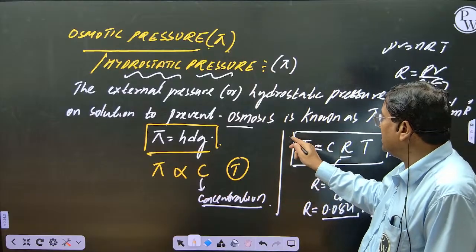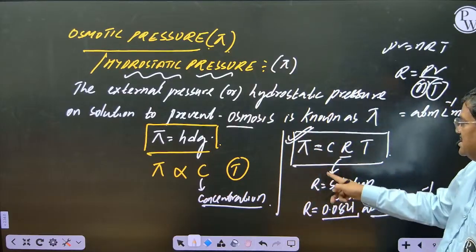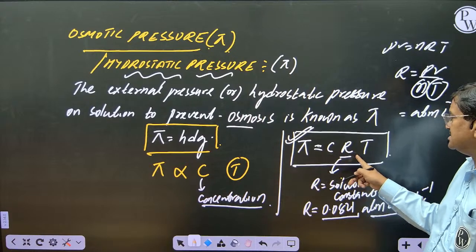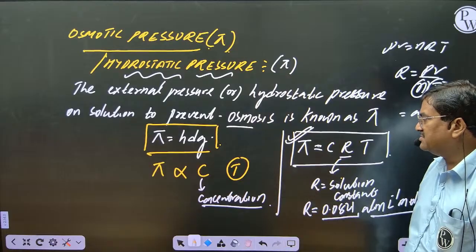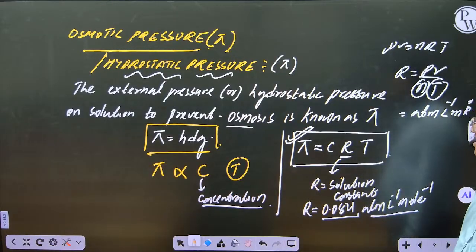In this relation, we get numericals, where pi is osmotic pressure, C is concentration, R is solution constant, T is the temperature, keeping temperature constant.